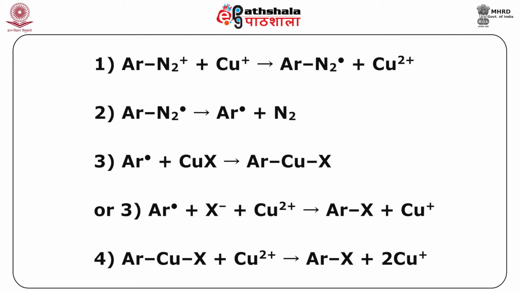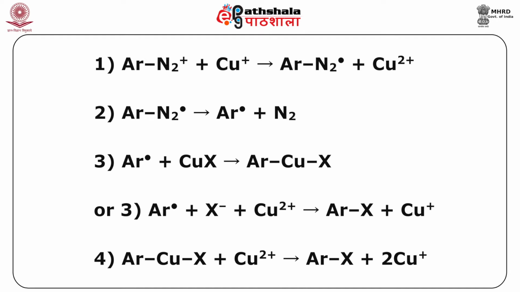As can be seen in the steps, aromatic diazonium ion with copper plus forms aromatic diazonium radical and copper 2 plus by taking up an electron from the metal. This further undergoes a cleavage by the release of nitrogen, forming an aryl radical.